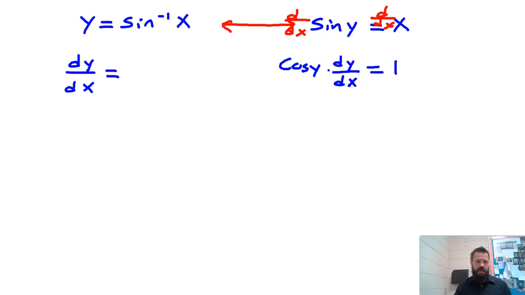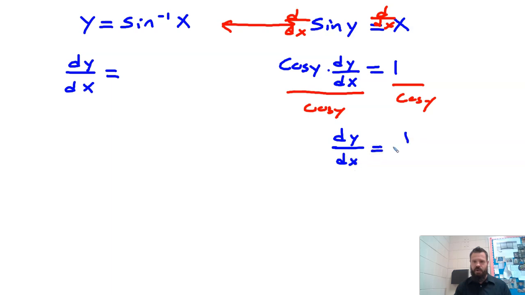This dy over dx is what we're shooting for, so let's get it by itself. I'm going to divide both sides of this by cosine y. So I have dy over dx is equal to 1 over cosine y.